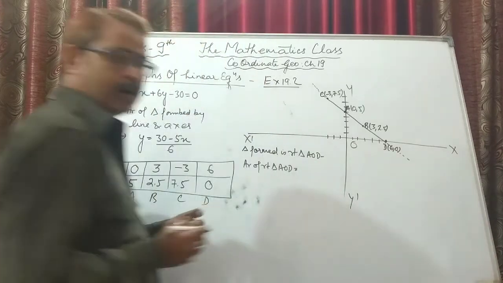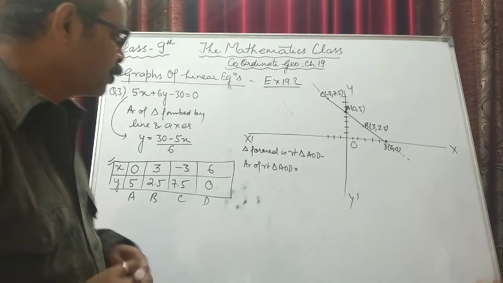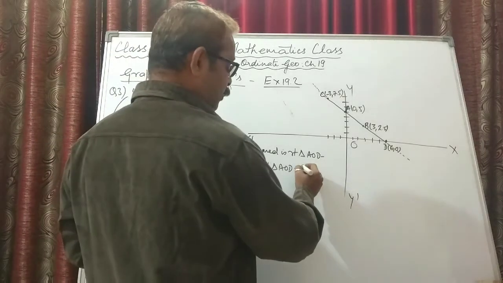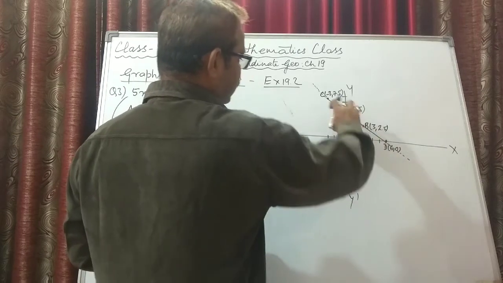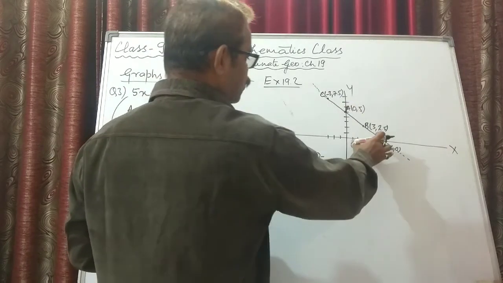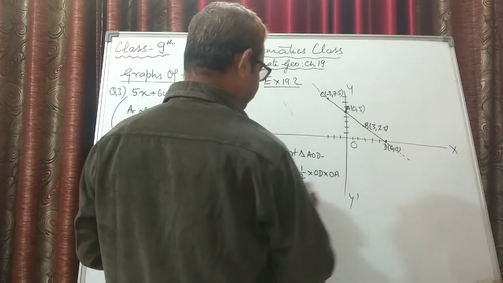Now the area of the right triangle AOD. We know that the area of any triangle is half into base into height. In any right triangle, either side can be considered as the base. So I am taking OD as base and OA as the height.